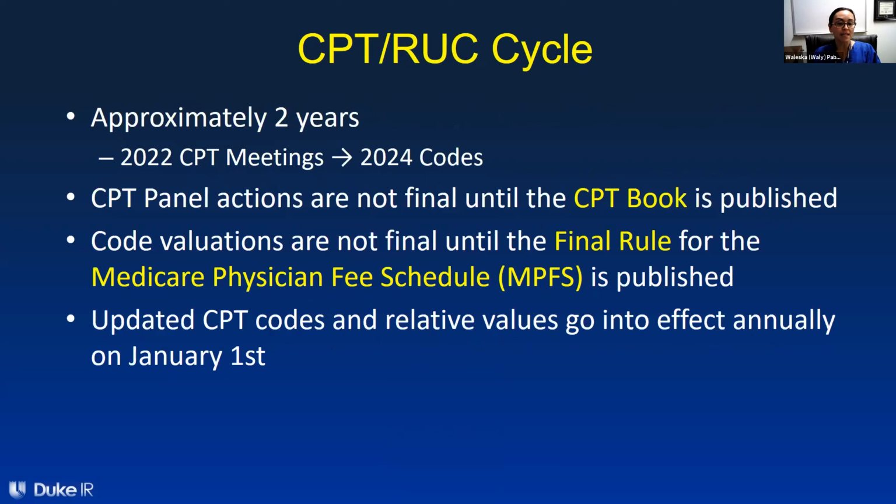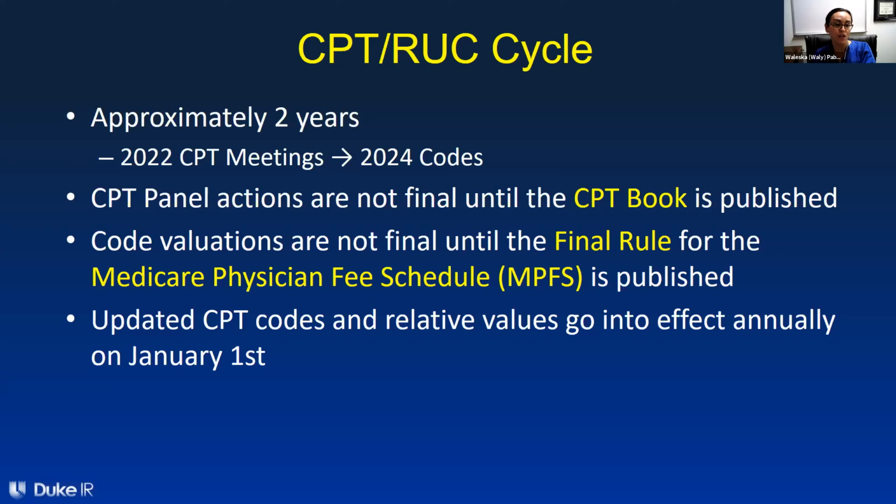And here we're getting to the end of the CPT RUC cycle. Takes about 2 years total. So right now, the codes that are going to be presented in the 2022 CPT meetings would go into effect in 2024. It takes that long for a code to be edited and approved in the CPT and then go to the RUC to get evaluated.